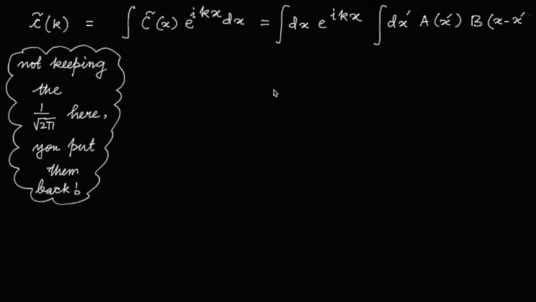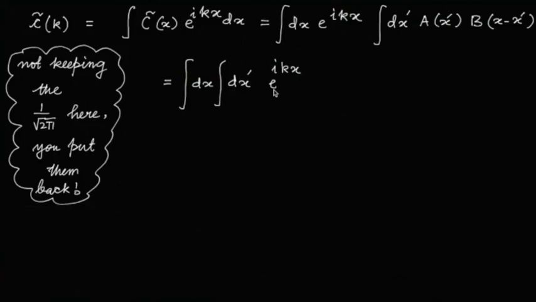This is by the definition of convolution. Now we'll see that it is going to get to quite a complicated integral shortly. So I put both the integrals first, then I write the e to the ikx.